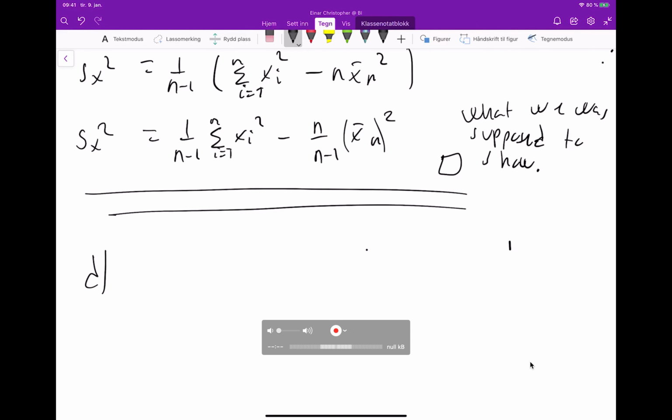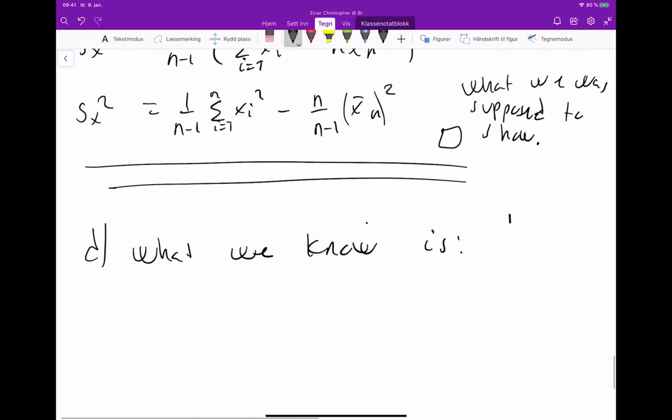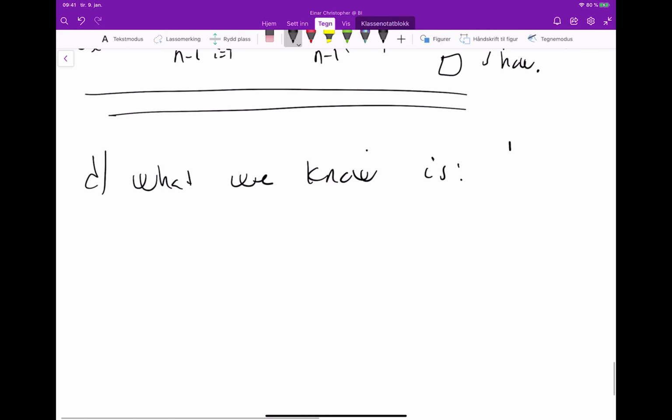Okay. Then it's a little shorter, exercise D, and the last one. So let's look at that. What we know is, this is the information we get.